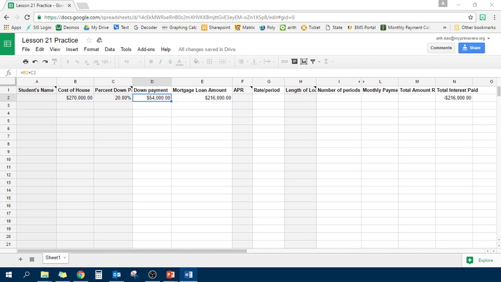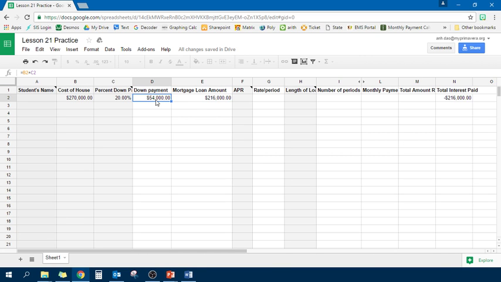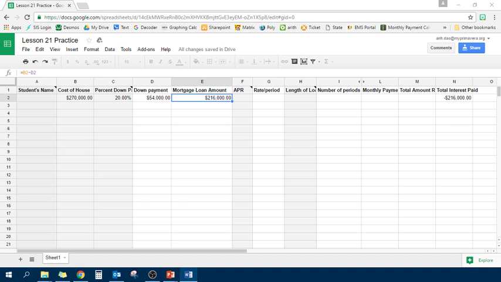Anyway, now that we know how much we have to put down as a down payment, it also tells us the mortgage loan amount. You should also know how to find that already. Alright, so next thing we need to do is enter in an APR. Remember, that's the interest rate. You can look online to see what interest rate some loan institutions offer.